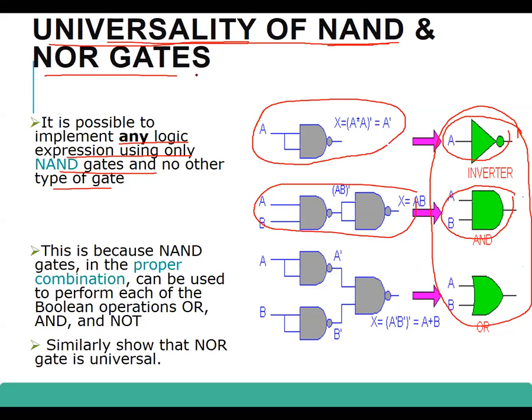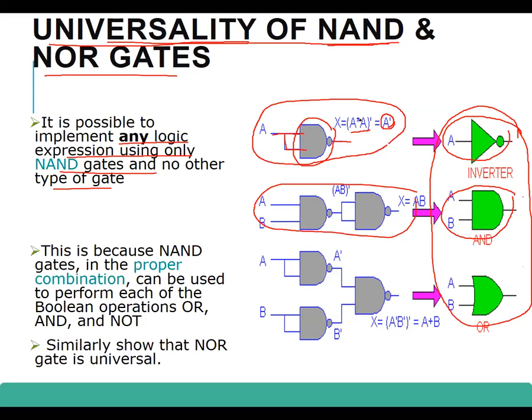If you look at the NOT gate, it is represented by a NAND gate here. To prove that, you give both inputs the same value, and you will get as the output the complement of that input. You can see how and why it happens from this side.